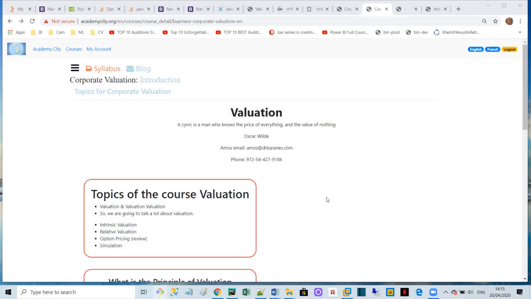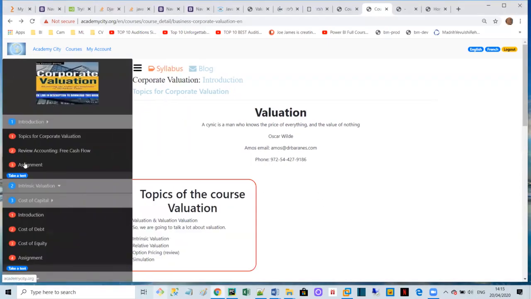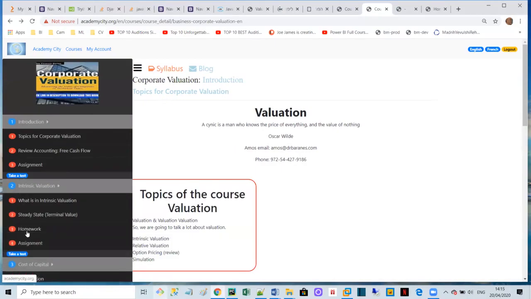Beautiful. Homework is individual. Assignment is for a group. The objective of the group is so you're splitting your paper over the semester. Now, I don't give you a grade.